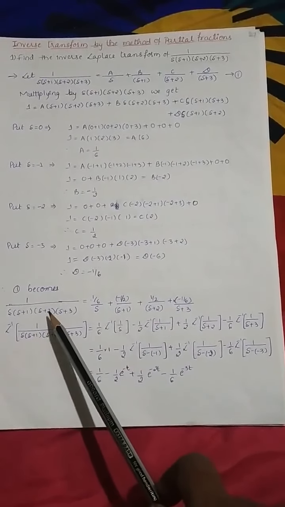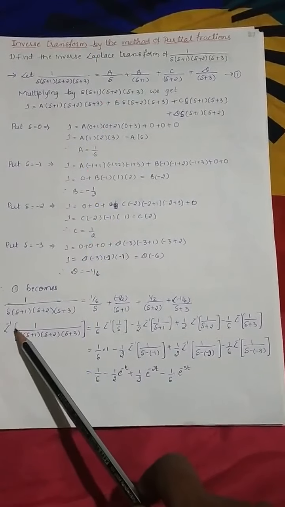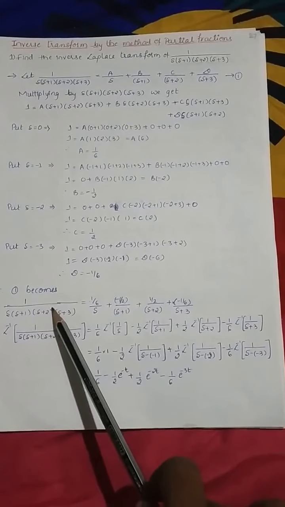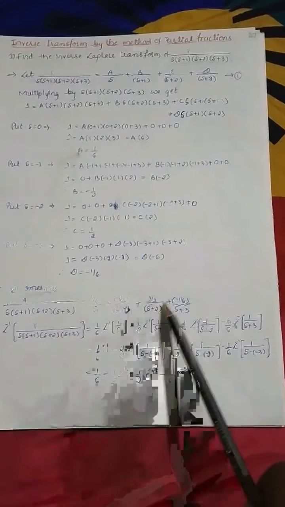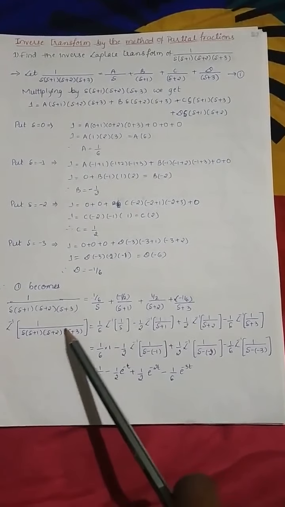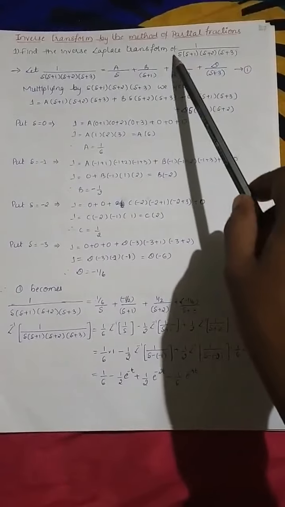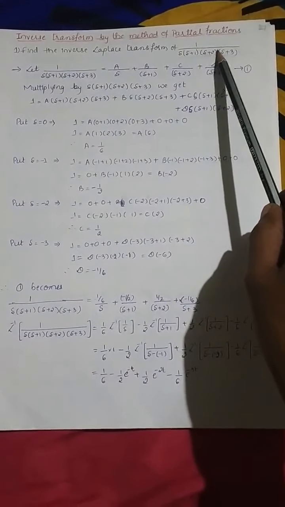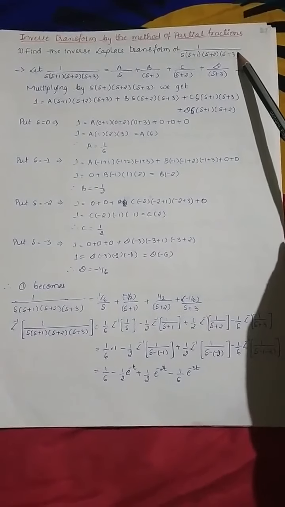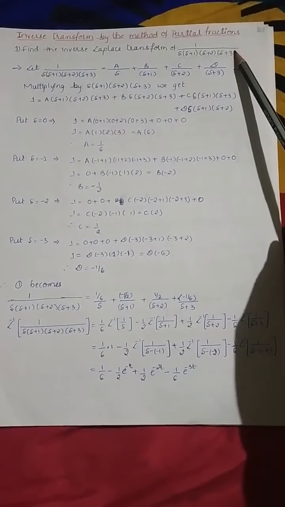Next, we need to find the inverse Laplace transform. What we have done is, the given term we have written in this form, because we can't directly find the inverse Laplace transform of this term, and also we can't find the inverse Laplace transform by the completing the square method.